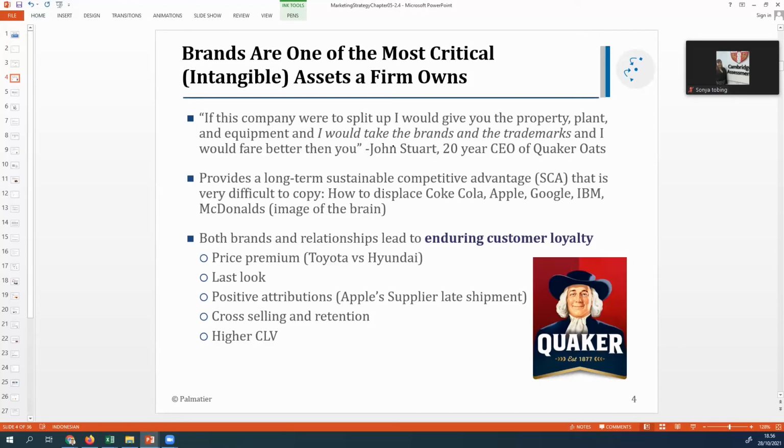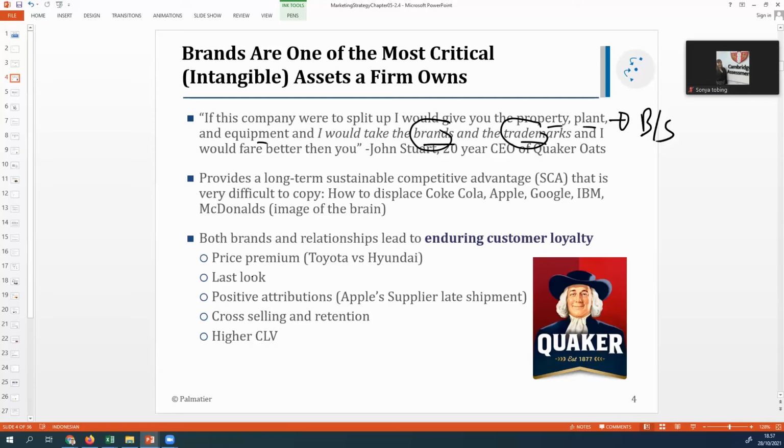So he is willing to give up his property, plant, and equipment, but he would like to take the brand and the trademarks. It means that the brand and trademarks of Quaker are worth more than the property, plant, and equipment. The property, plant, and equipment are in the balance sheet, but the brand and the trademark are not in the balance sheet. But he prefers to have the brand and trademarks.